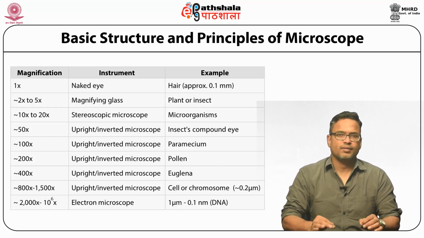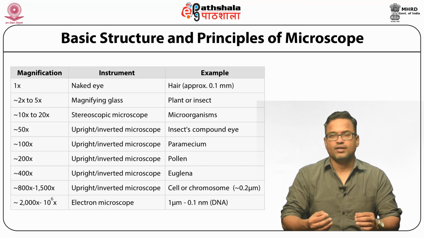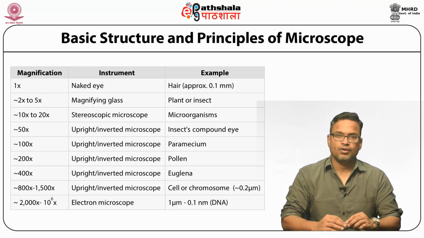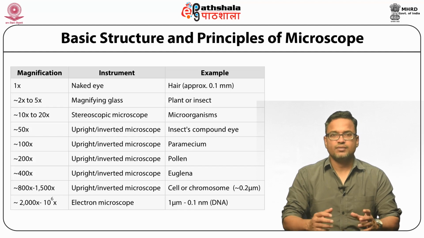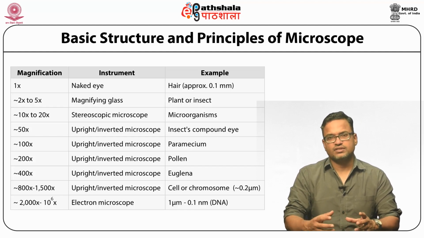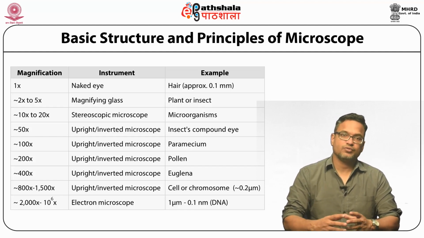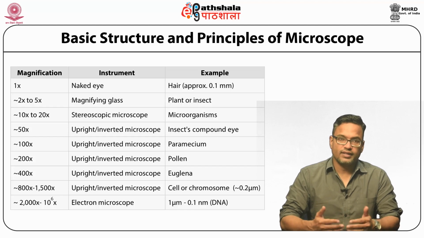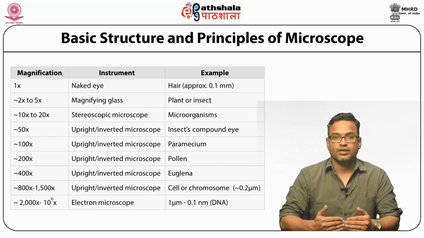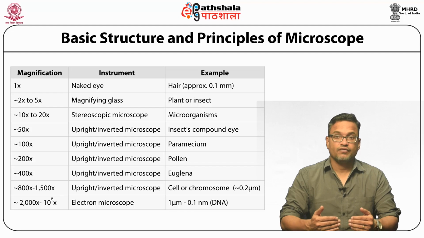But we require a magnifying glass when we are looking at plant cells or an insect, because they are very small, and we require a magnification of at least 2 to 5x. Then the stereo microscope comes in when we are trying to understand microorganisms, and we require a magnification of up to 10 to 20x. Thereafter, high-end microscopy comes in, with magnification up to 50x, 100x and 200x. At 50x we are looking at the compound eye of an insect.